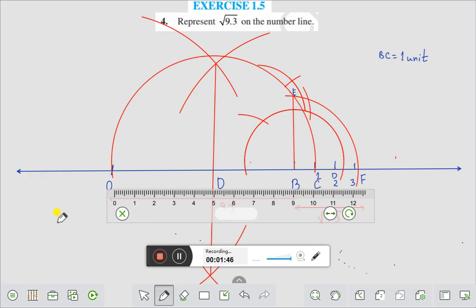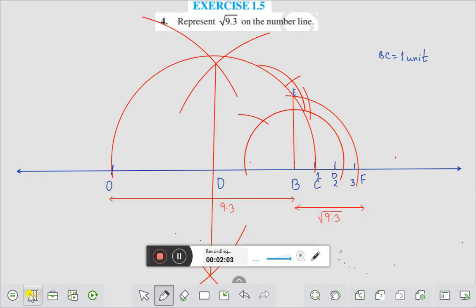Now whatever we do, take BC 1 unit. Now this line OC, bisect this line with the help of a compass. Here we have taken a compass. We are just showing how we have done it.